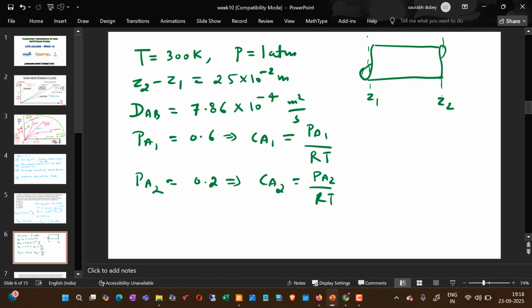Now if you do this, you know that the flux JA equals minus DAB dCA by dZ.